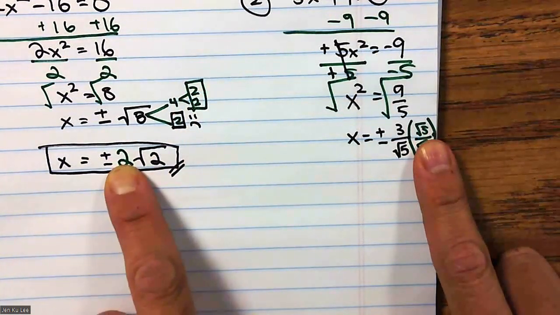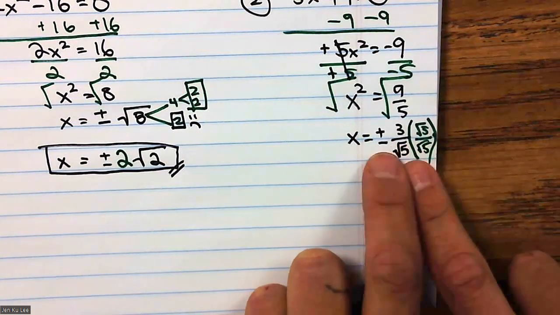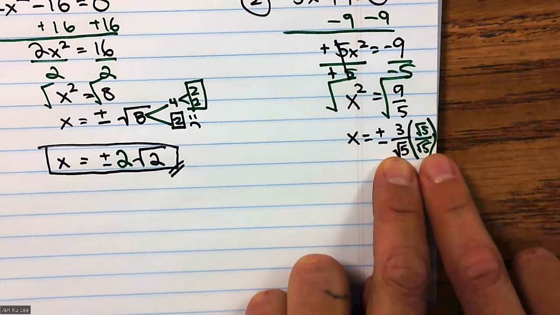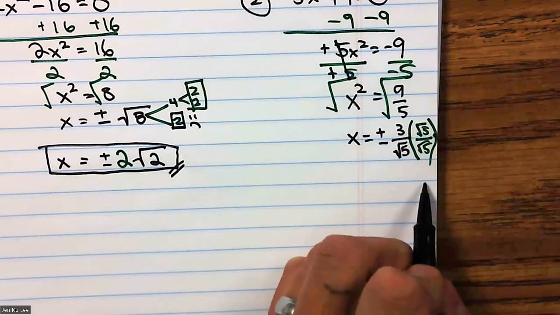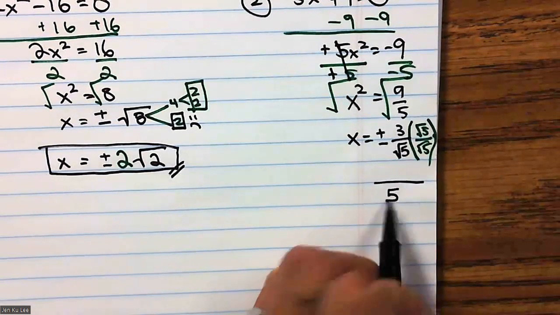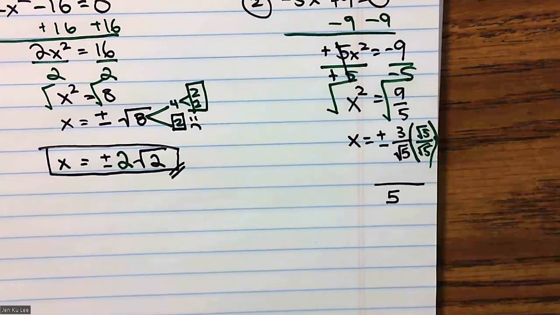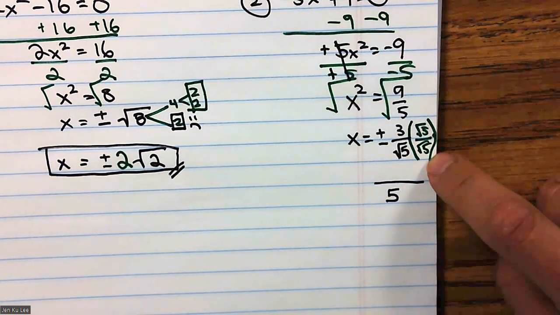Same thing here. Square root of 5 times square root of 5. Now this black square root of 5 has a partner in the green square root of 5. So in my denominator now, I have a 5, right? That's the first reason why I multiplied it by square root of 5 over square root of 5.